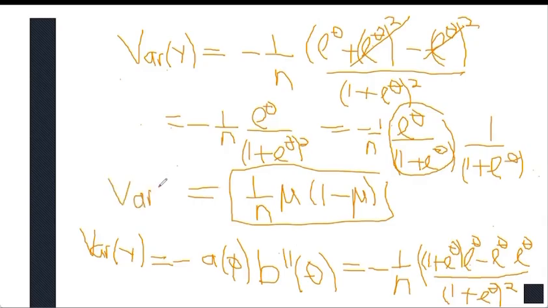Which means, like I said, in problem 3 you're going to be given a distribution and asked to show that it follows an exponential family. After you've done that, you need to differentiate the b of theta to get the expected value of y for the distribution. Then you also perform a second derivative on the b of theta, multiplied by a of phi, to get the variance.